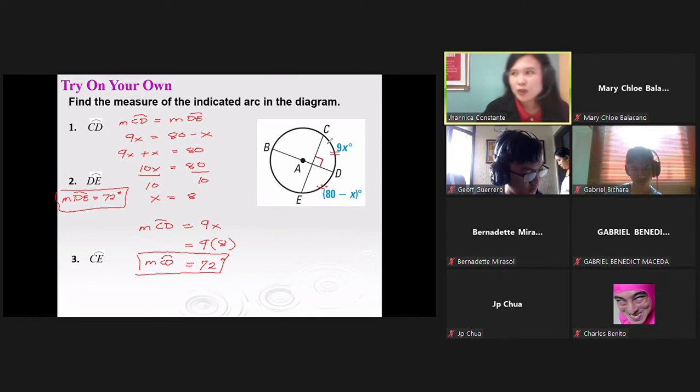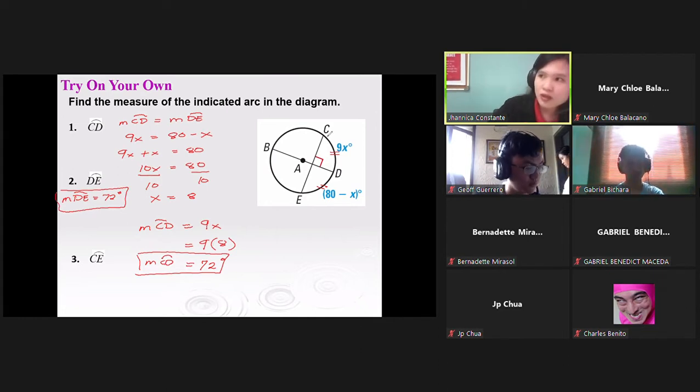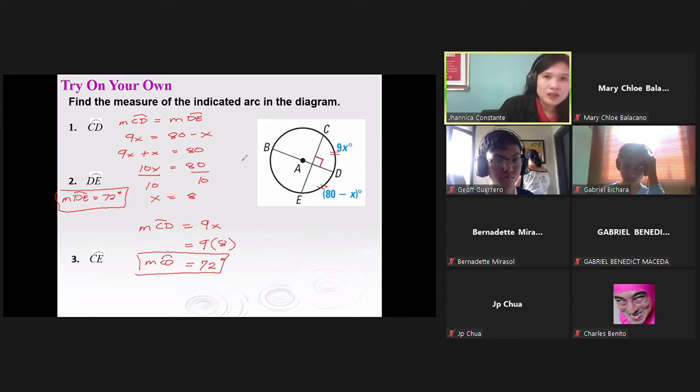But what if we want the measurement of the arc CE, the entire arc of the chord that we have? Given that we have already the measurement of the two arcs that are divided by our perpendicular bisector, we're just going to add the measurement of arc CD and the measurement of arc DE.